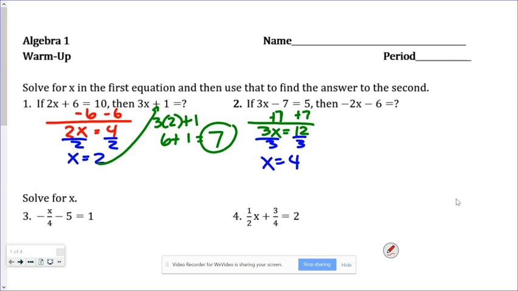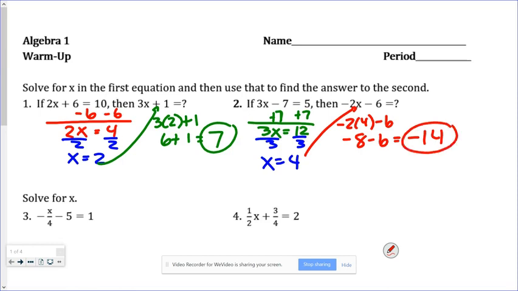Okay, so I found the first part, x equals 4. I'm going to plug in 4 to the second part here, and x equals negative 14.